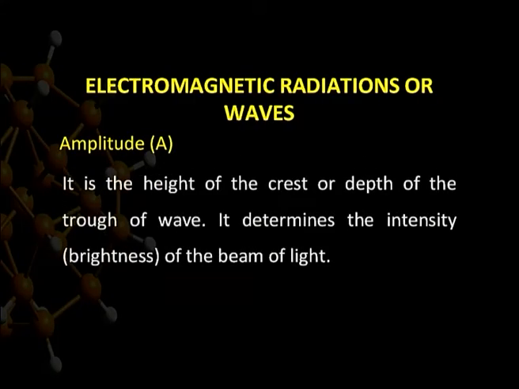I will now discuss the amplitude. What do we mean by amplitude? It is the height of the crest or depth of the trough of the wave. It determines the intensity, that is, the brightness of the beam of light.